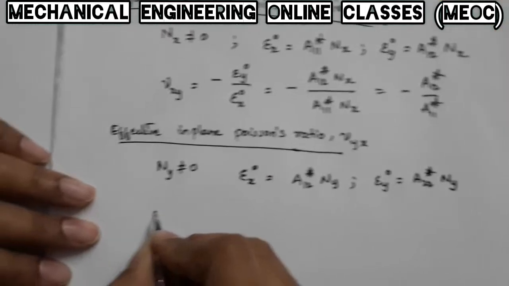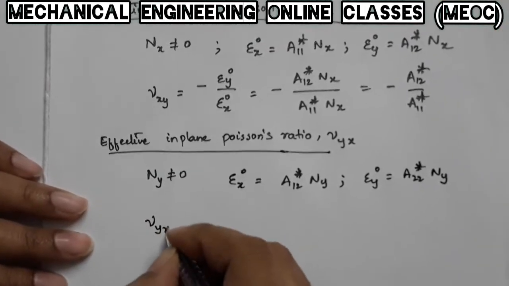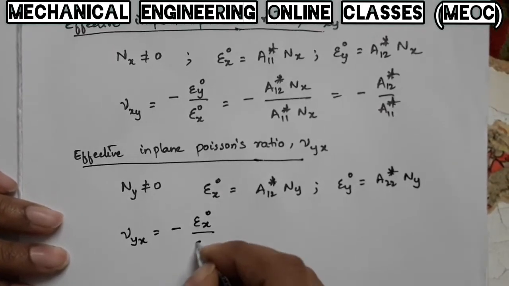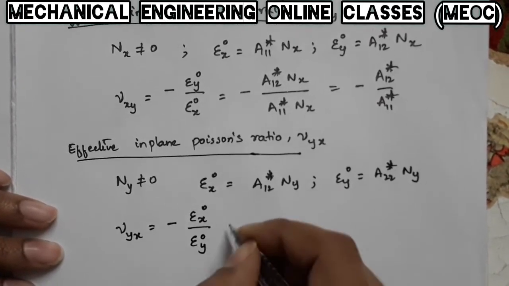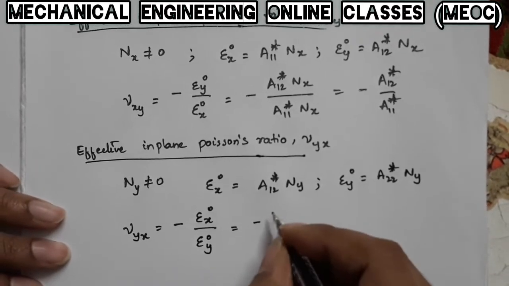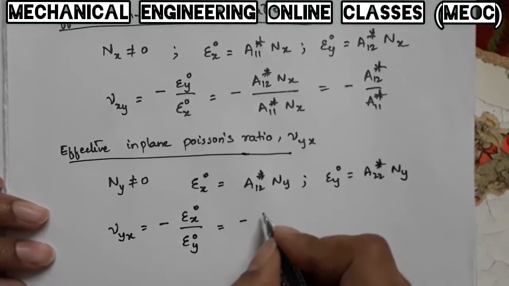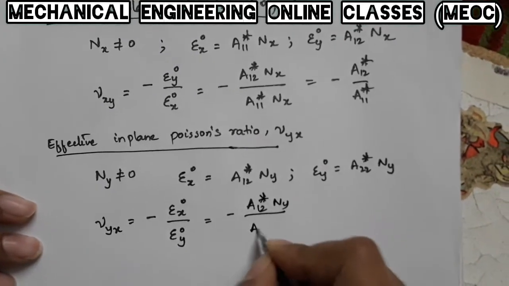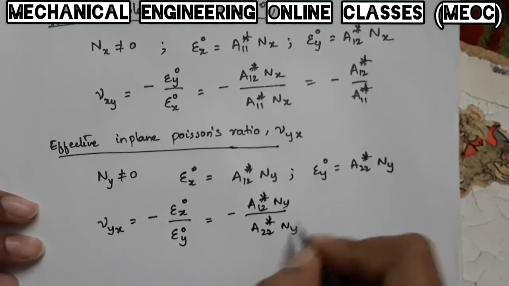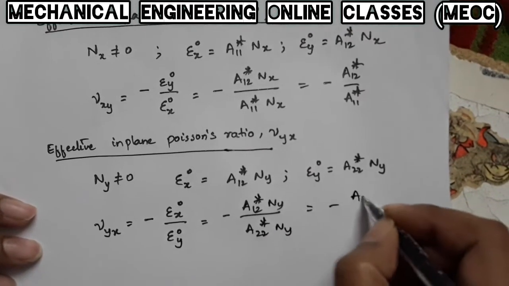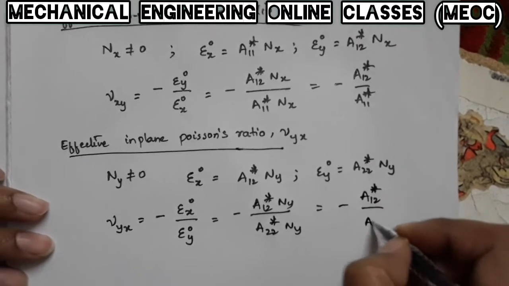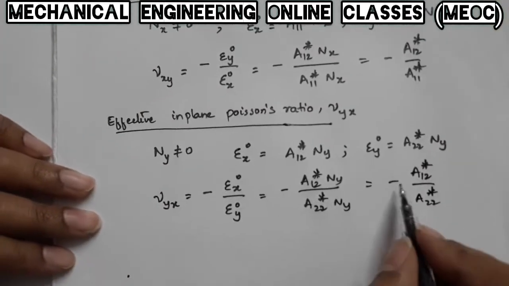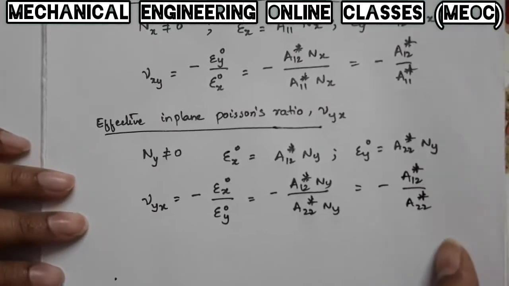I will again apply the formula nu yx is equal to minus epsilon x naught divided by epsilon y naught, and substitute these two terms. And finally I got nu yx as minus A12 star divided by A22 star.